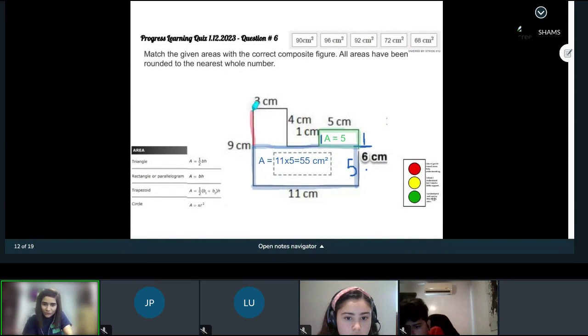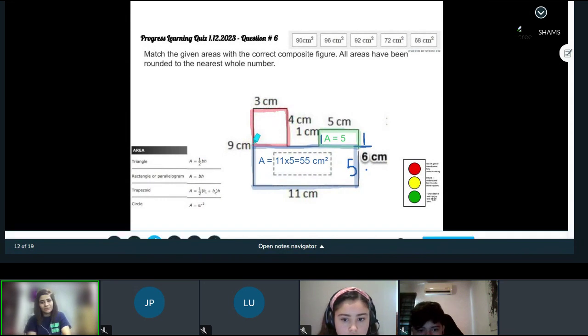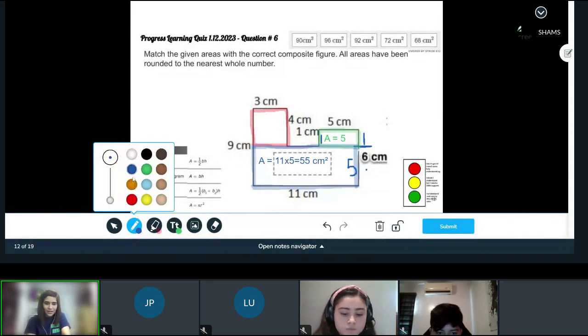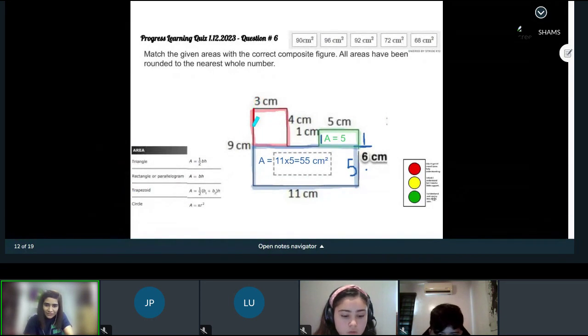Lean, I'm looking forward to your answer before I get the answer, because you're doing it in a similar way to how Emiliano and I are doing it. Okay, for this side, I know the entire length is supposed to be 9. If I split it, I know the bottom part is 5. How do I know it is 5?